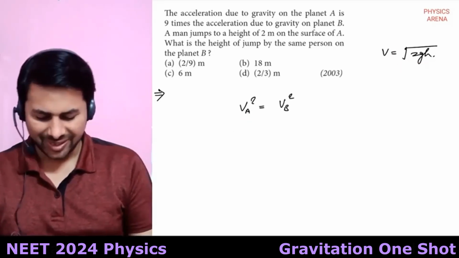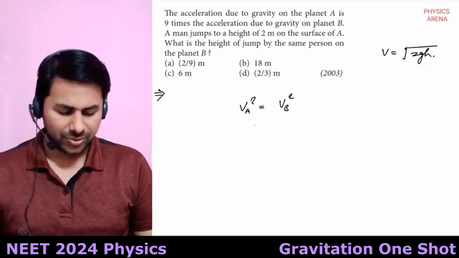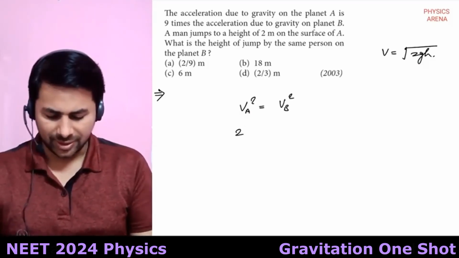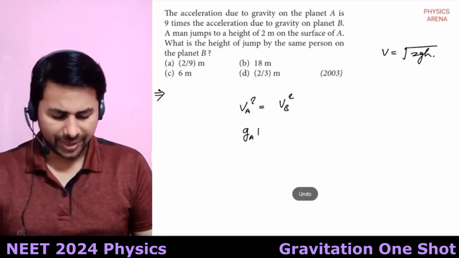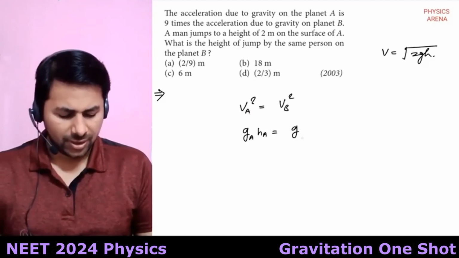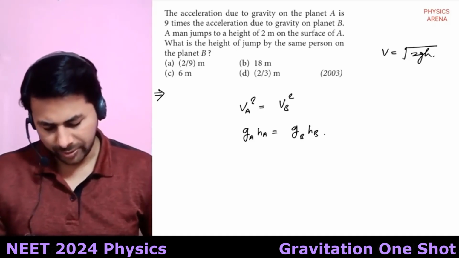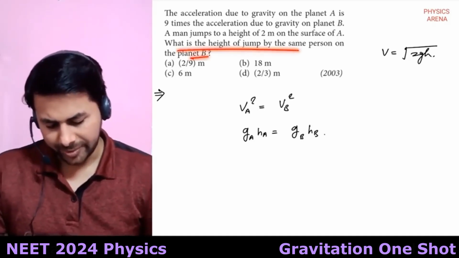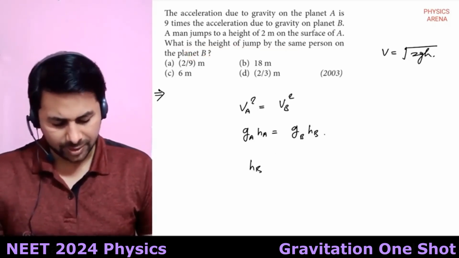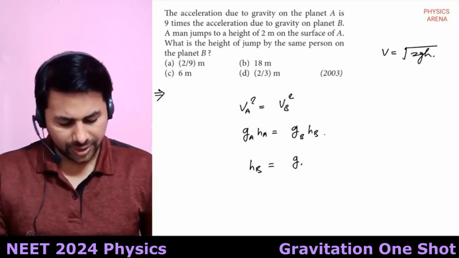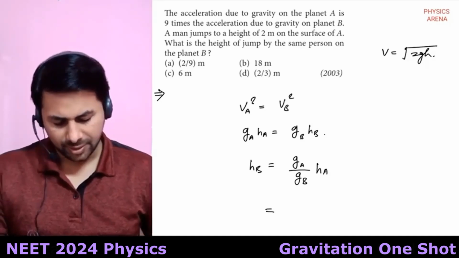Then we can say the 2 will get cancelled. So it is gA multiplied by hA is equal to gB times hB, right? And we want to find it on planet B. So hB is equal to gA upon gB multiplied by hA.